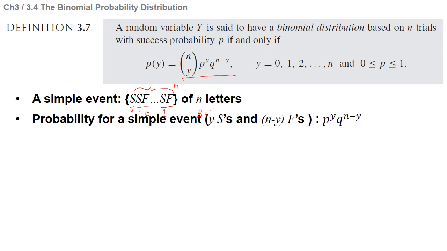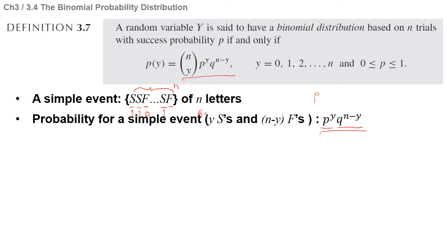The probability for a simple event: we have y successes and n minus y failures, and the probability for success is p. So for a given simple event, the associated probability is p to the y times q to the n minus y. We have y successes with probability p, and n minus y failures with probability q.